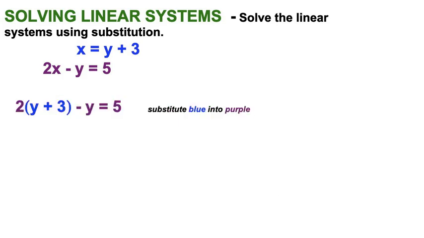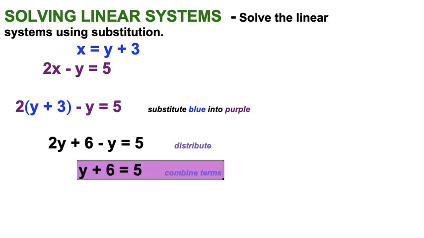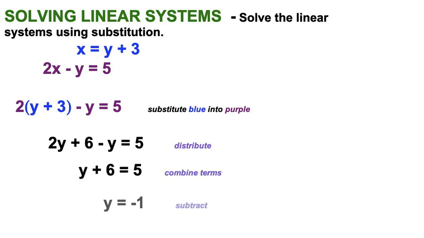Now we have to do a little bit more. We're going to have to distribute, because I've got 2 x's, so I'm going to have 2 times y plus 3. I'm going to distribute, and now I've got this expression. I'm going to combine terms, another way of saying simplify, and then subtract 6 from both sides.